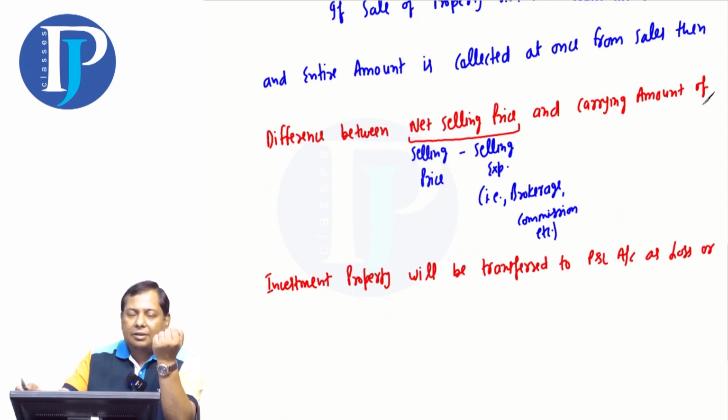What does net selling price mean? Selling price minus selling expenses, brokerage, commission. I've started from where I left off in the previous line and added this in the middle for your reference.